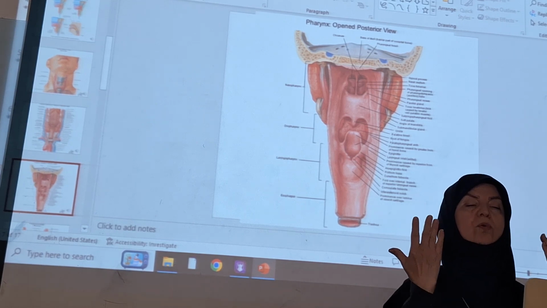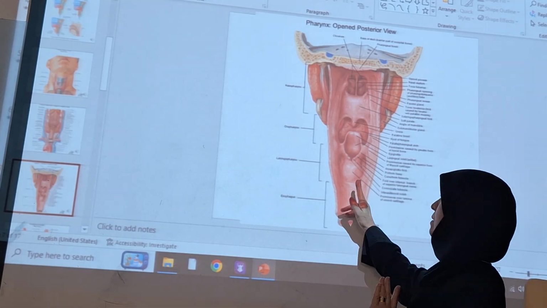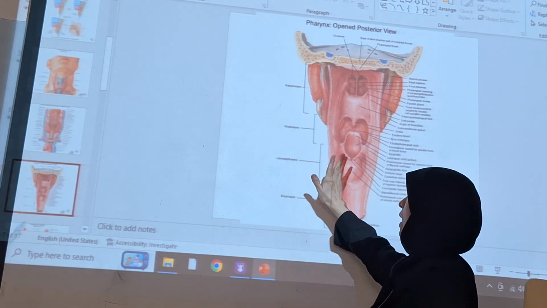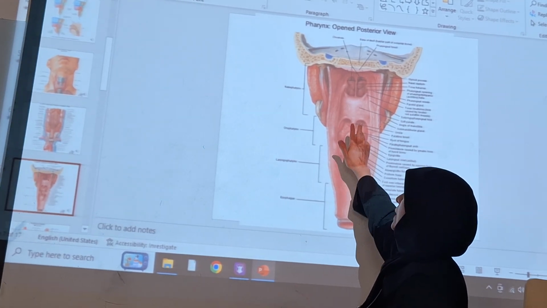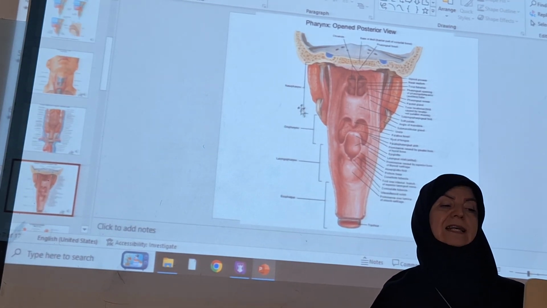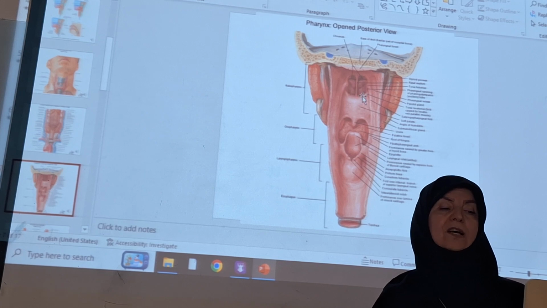You are going to look at the pharynx from posteriorly. We cut the raphe and open the muscle. So I am able to show you the nasopharynx here, exactly posterior to the posterior nasal orifice. What's the name of the posterior nasal orifice?